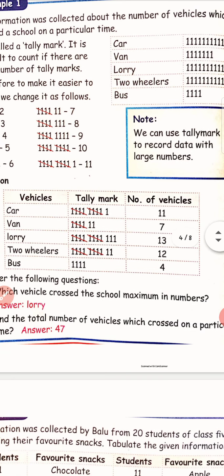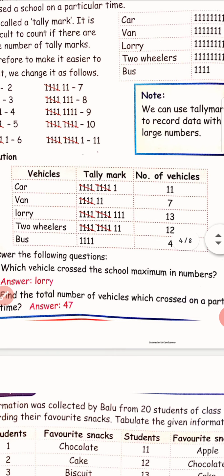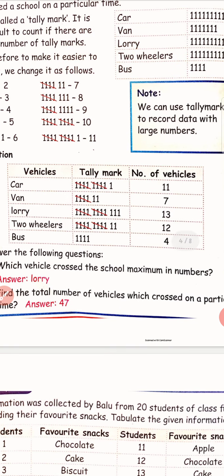So how to put the tally mark? Five means four strokes and one crossing, so it's five, plus five is ten, and next you put one, so it's a tally mark, so eleven. So the number of vehicles is eleven.